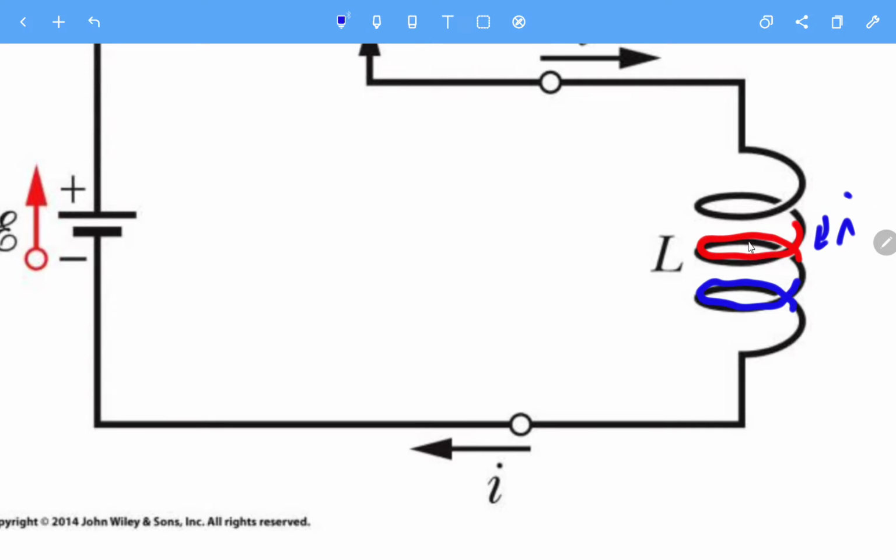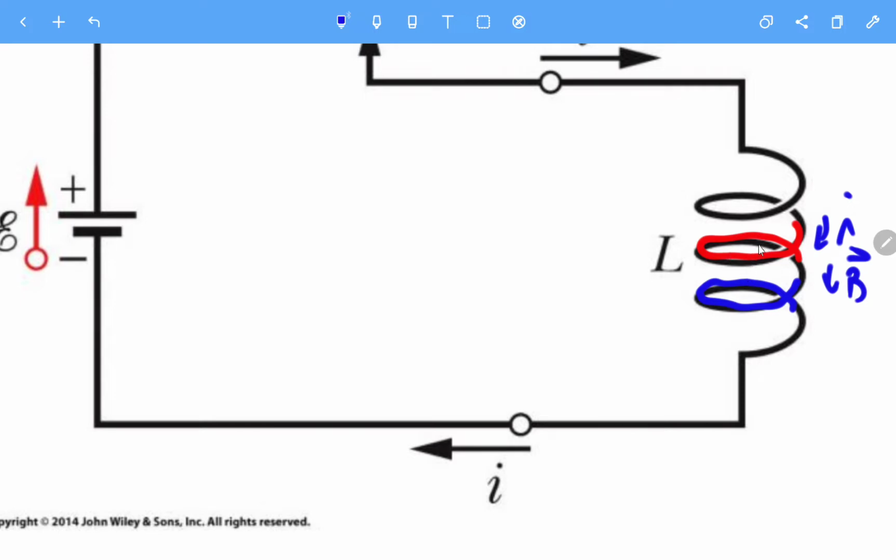So the B field is pointing which side? Upward or downward? The B field generated by the red coil should be pointing downward, because using the right hand rule, your forefinger follows the direction of current, and your thumb points downward.